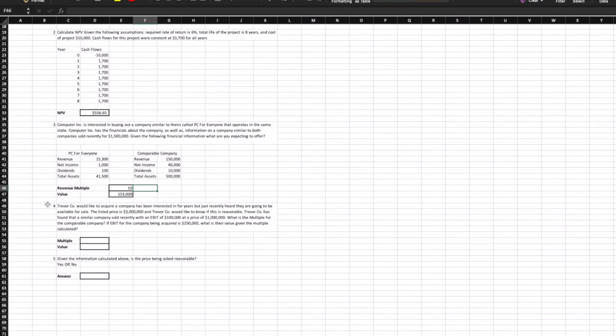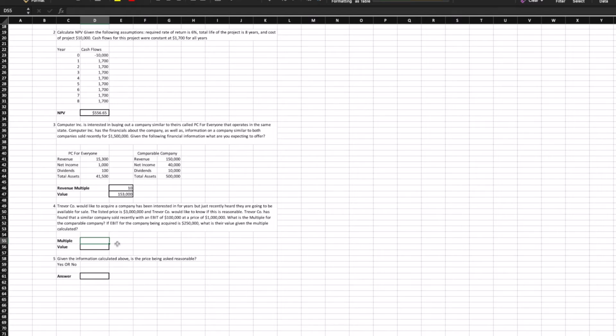So what is the multiple for the company? If EBIT for the acquired company is 2,500,000, what is their value given their multiple?